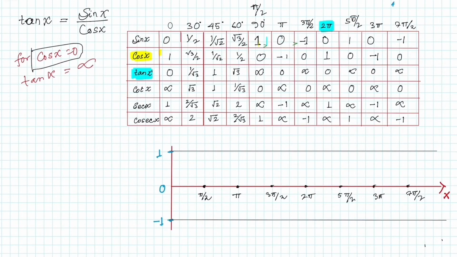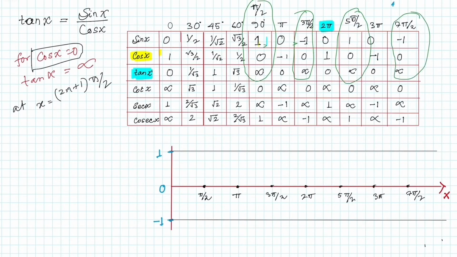Cos x is equal to 0 at x equal to (2n plus 1) into pi by 2. At those points, if you observe the values of tan x, it is not defined at pi by 2, not defined at 3 pi by 2, and not defined at 5 pi by 2.